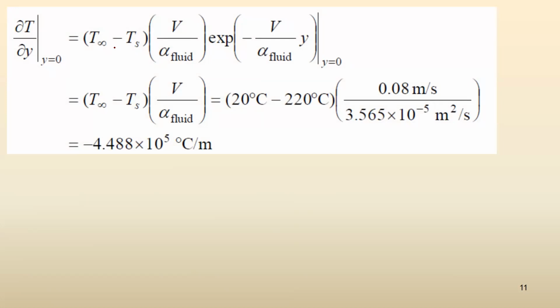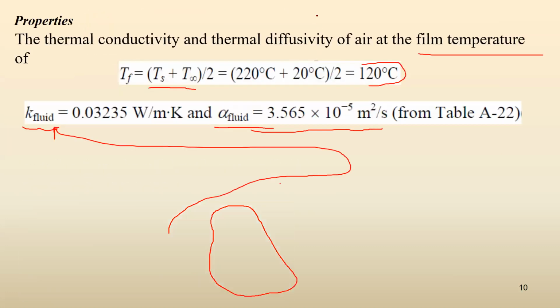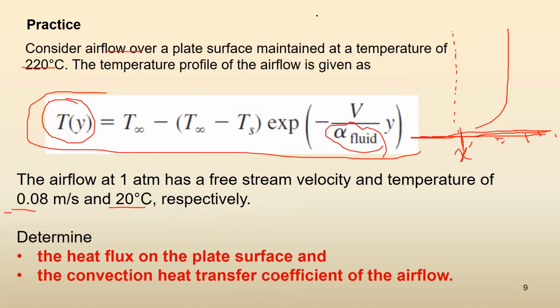T infinity minus Ts times V over the diffusivity of the fluid times the exponential of the term. This is the derivative of the temperature profile that is given in the problem statement.